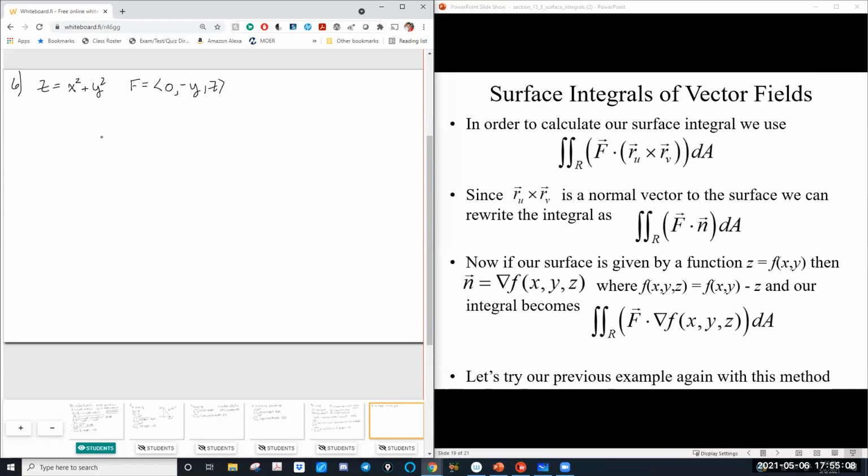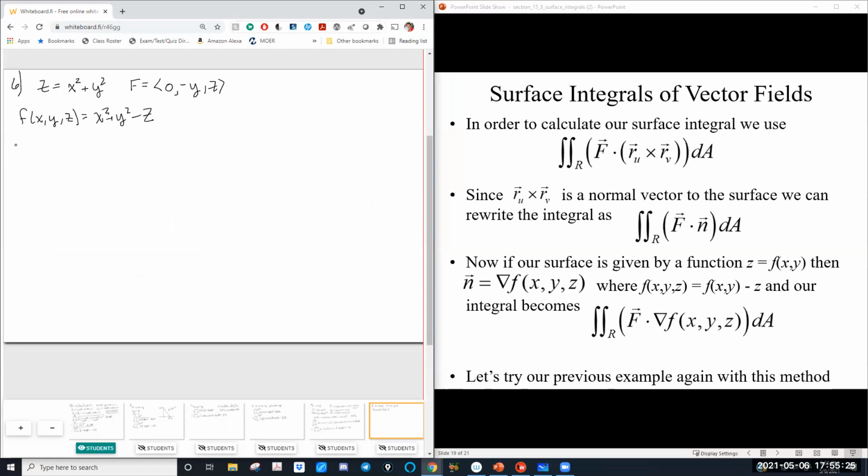Now we already know what the answer is to this one. We just need to make sure we get the same thing. So first thing we do is we turn our function into a function of 3 variables, which would be x squared plus y squared minus z.